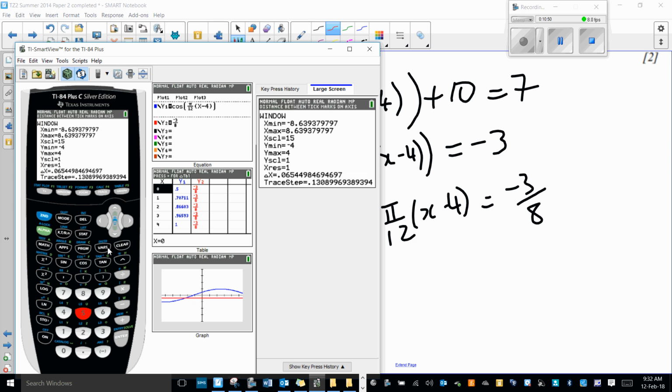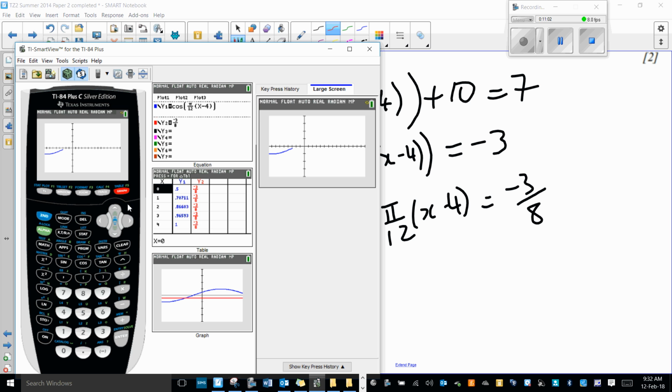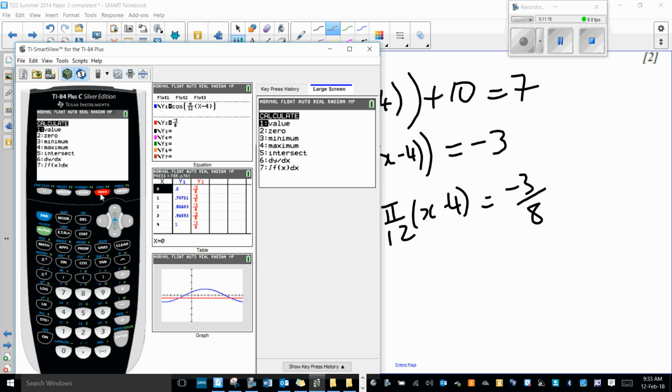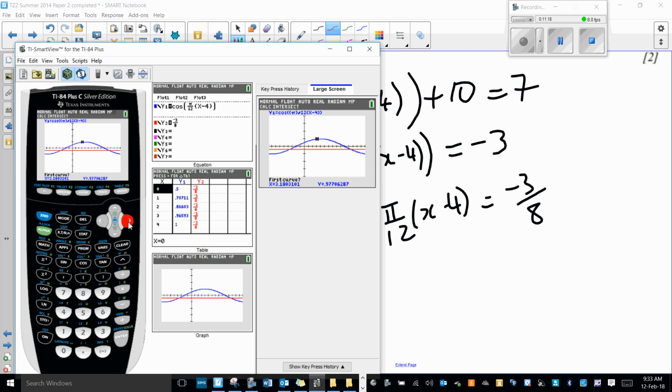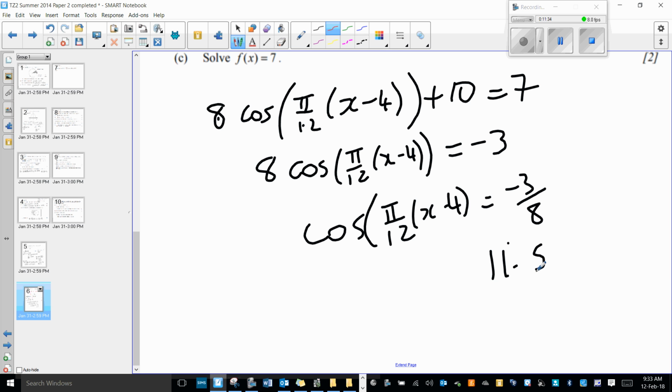I need to go up to, say, 15. So we need to find this point here. So it's 11.47, to 11.5. There we go.